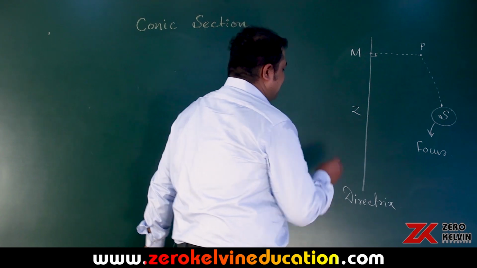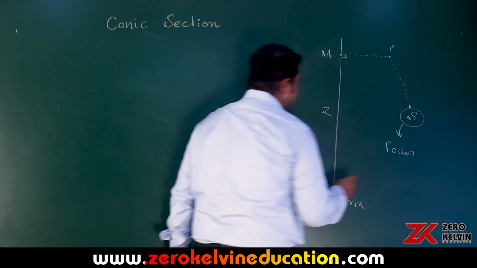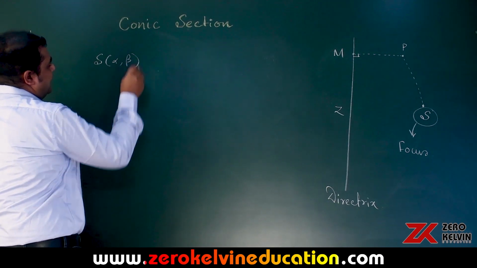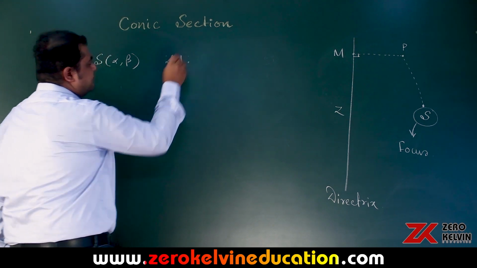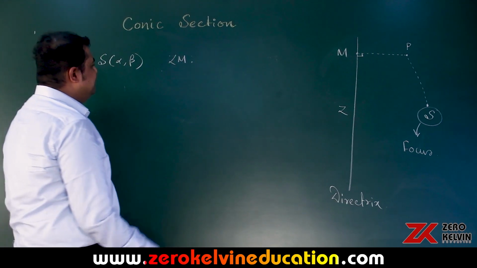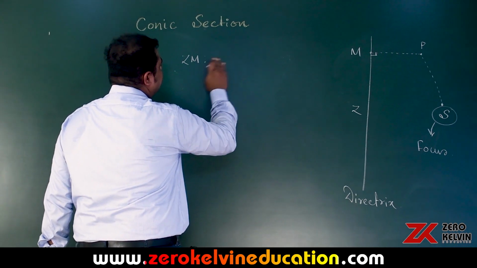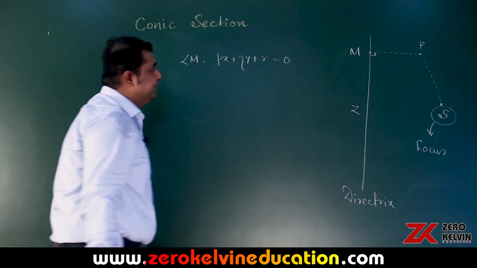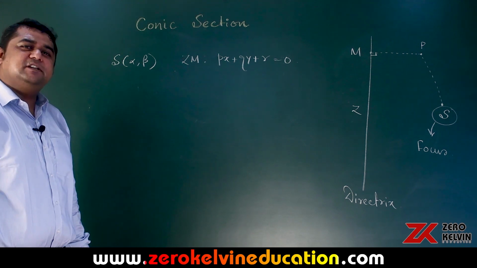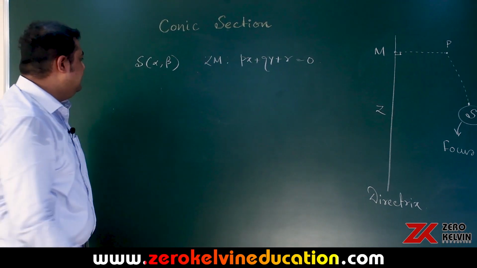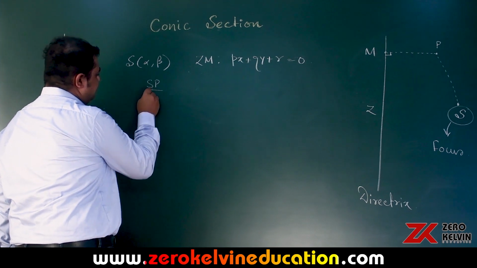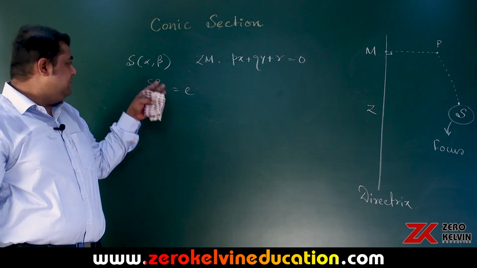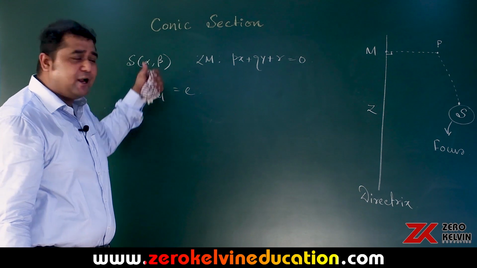In this particular variation, we are considering this S to have some coordinates, say S is alpha comma beta, and the line ZM that we have considered as directrix, we can assume with a general equation, say Px plus Qy plus r equals 0, and the constant ratio of distances generated by the moving point P, say this SP by PM, is the eccentricity value E. Now, we are addressing the ratio of these two distances, so we will go accordingly.